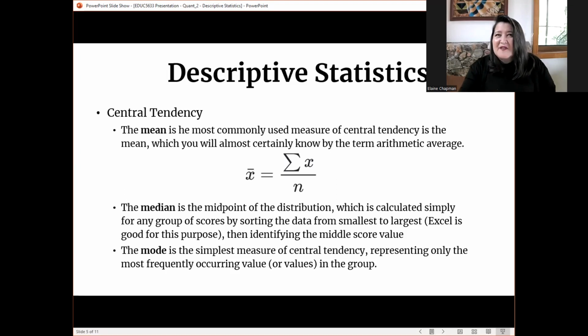So in situations like that, we may want to consider using a different measure of central tendency, and that's usually going to be the median, which is the midpoint of the distribution. The median differs from the mean primarily because the median only takes into account the ranking of scores. It doesn't take into account the actual score values. So if we're talking about income levels, the actual amount that high income earners in our society are earning is not going to figure in the median.